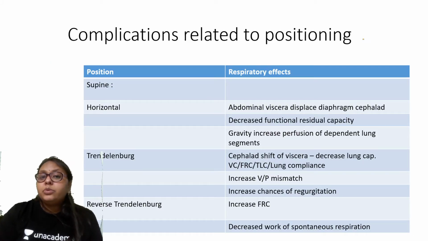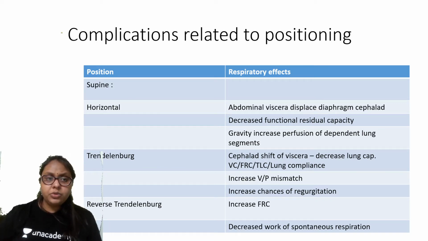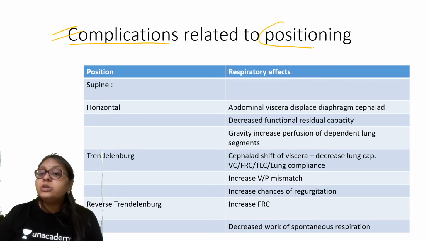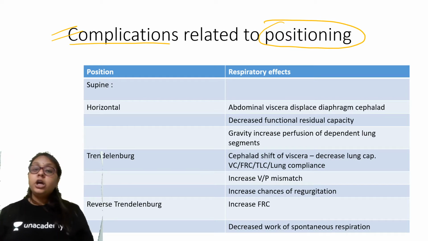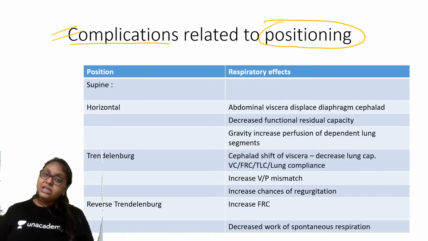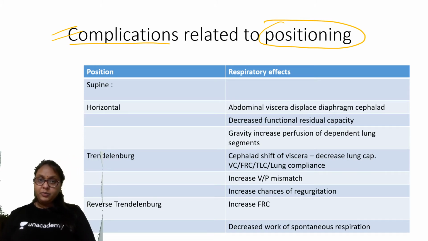Now coming to a very important topic which we often see during anesthesia, that is complications due to positioning of the patient during anesthesia. During the procedure, there should be positioning of the patient.